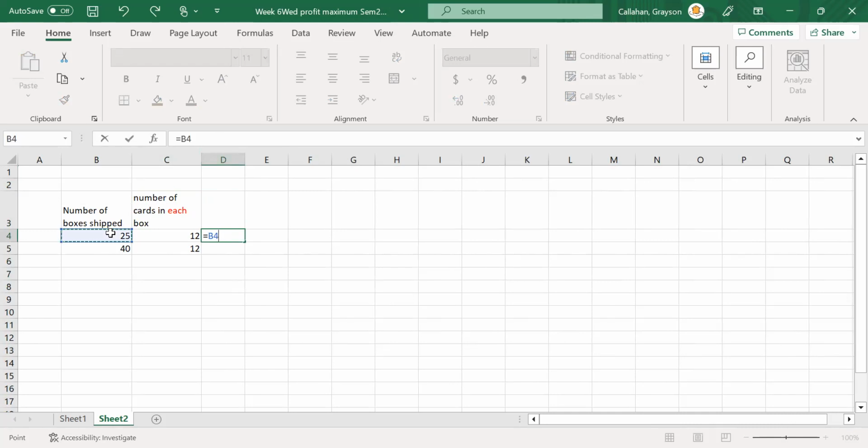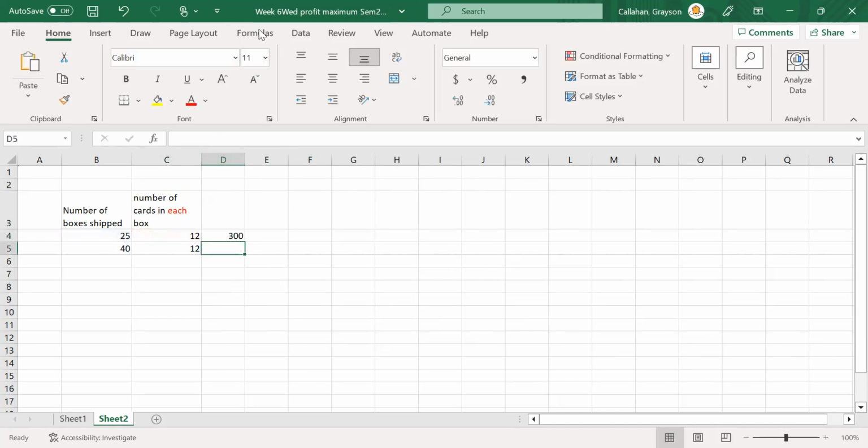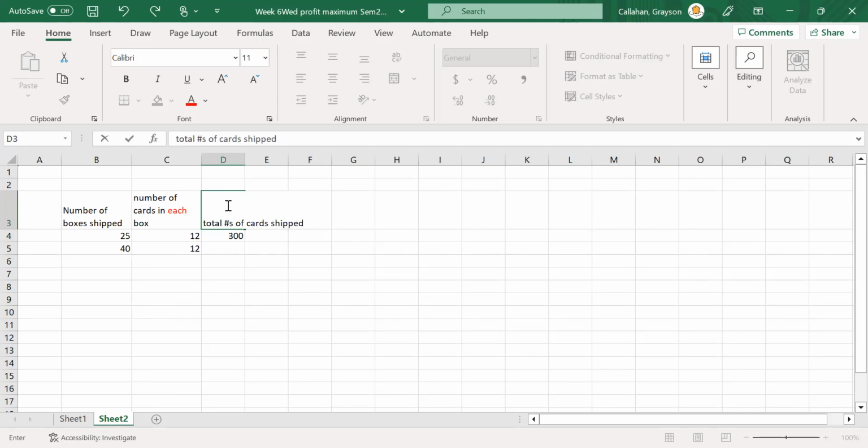In those boxes. Good. That's the next title. This is total number of cards shipped, right? Total number of cards shipped.